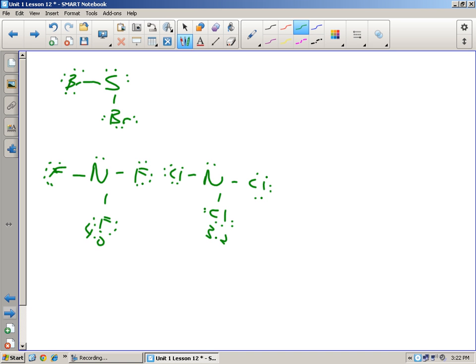So if you think about the two shapes that we have here, remember, the NF3 one has the 3 coming out at the bottom, 1, 2, 3, and then the lone pair sticking up.